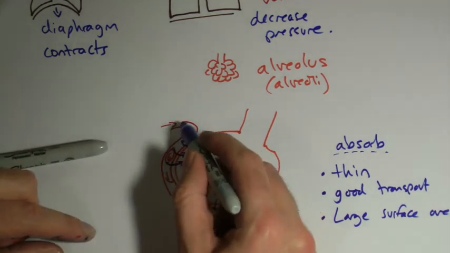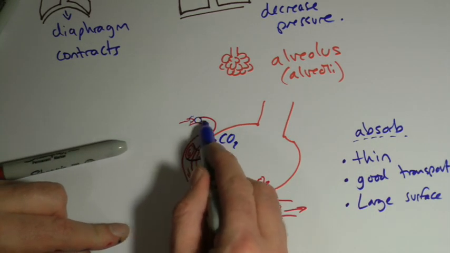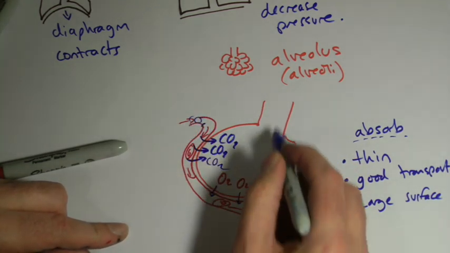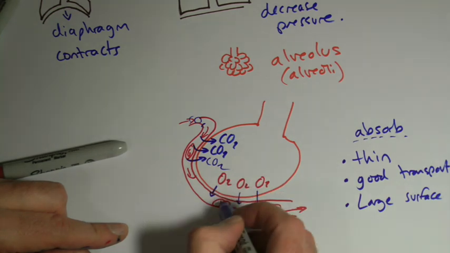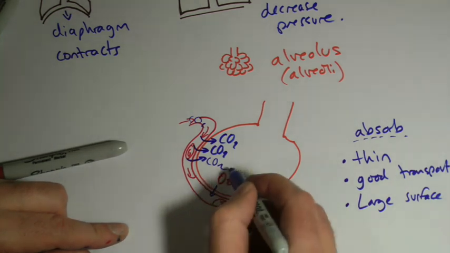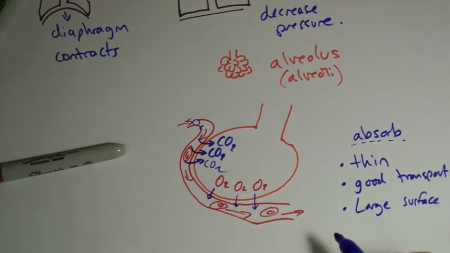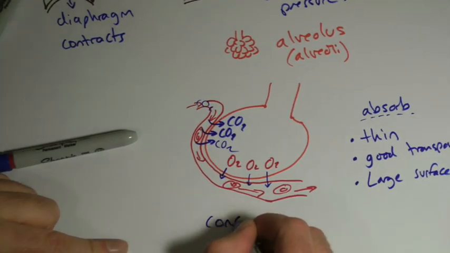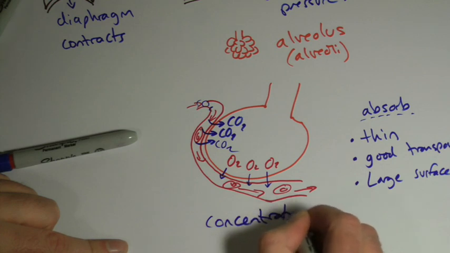We're going from a high concentration of carbon dioxide in the blood to a lower concentration in the alveoli. This is all air in here. And oxygen is at a high concentration in the alveoli. The blood at this time is at a low oxygen concentration, so it diffuses across. And then that's getting carried away, so it's constantly maintaining what we could call a concentration gradient.